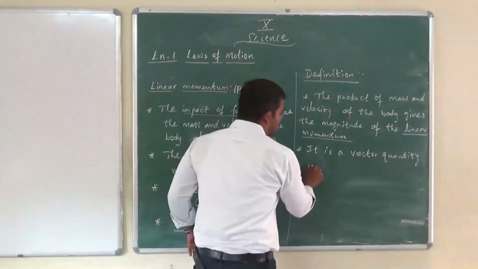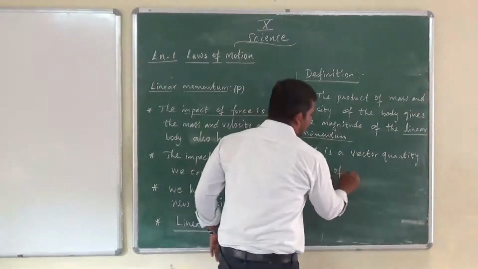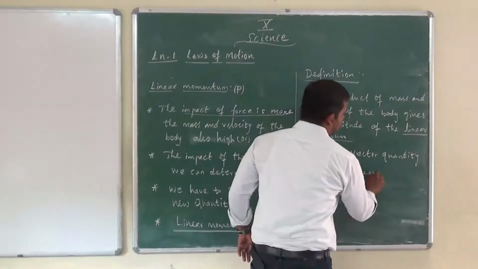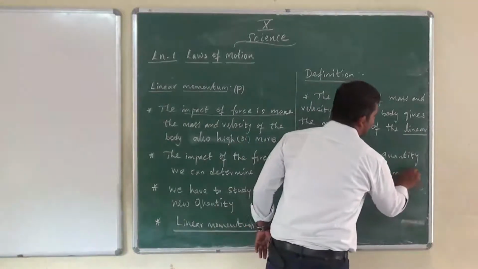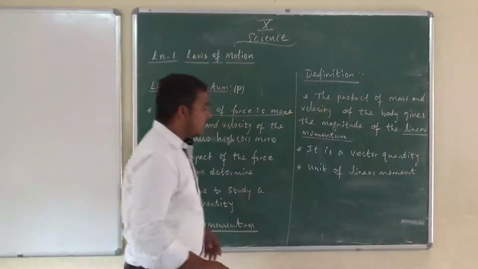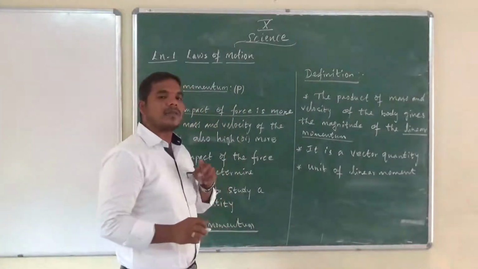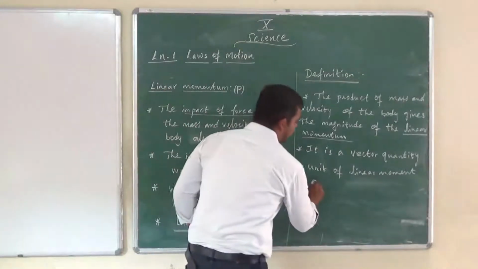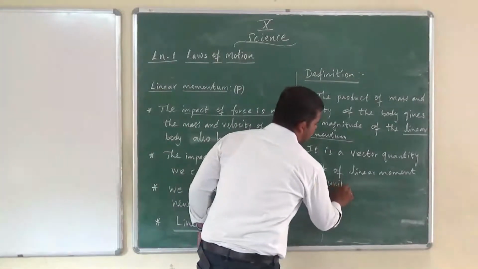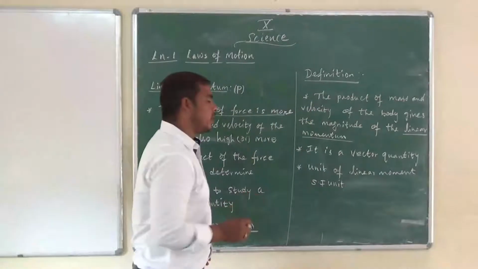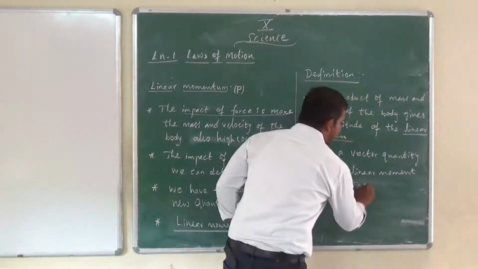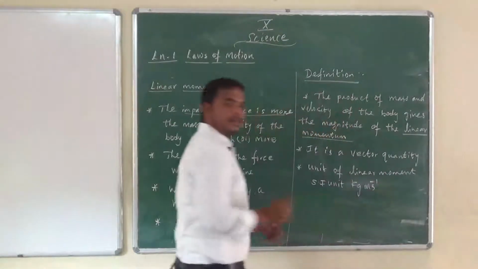Next, the unit of linear momentum. We can express the unit in a number of ways, but in our syllabus 2 ways are given. One is the SI unit, System of International: the SI unit of linear momentum is kilogram meter per second.